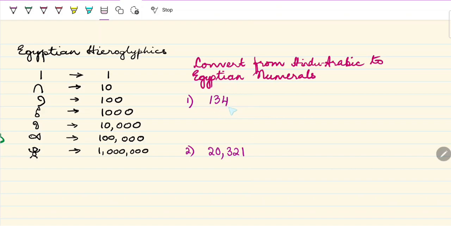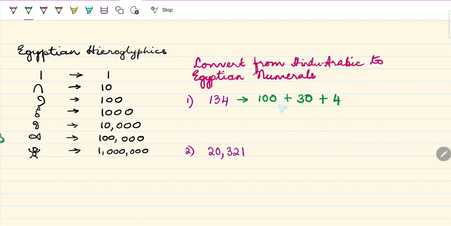I'm going to rewrite this by breaking it up as 100, right? 134 has 100 plus 30, right? Plus 4. So when we add them up, we get back 134. But I've written it out by breaking them up into 100 plus 30 plus 4.